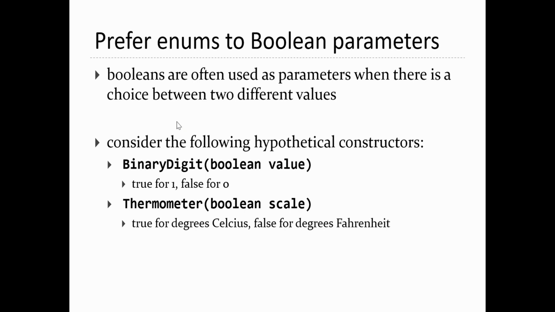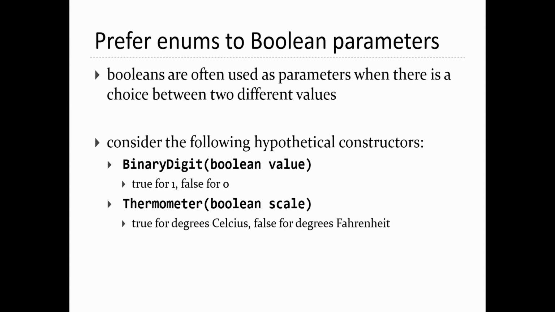One of the common cases where you really do have two constant values is when you're writing a method or a constructor and it takes in a Boolean value. For example, you might make a class called binary digit. Now you all know what a binary digit is.